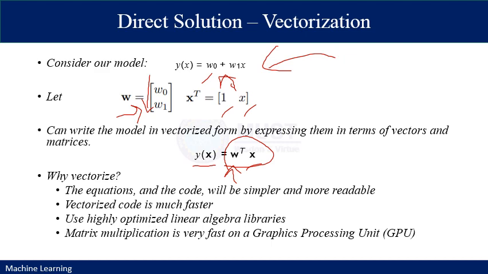Vectorized code is much faster to execute, and it uses highly optimized linear algebra libraries in Python. And matrix multiplication is also very fast on GPUs, therefore conversion into vectorized form is more efficient.